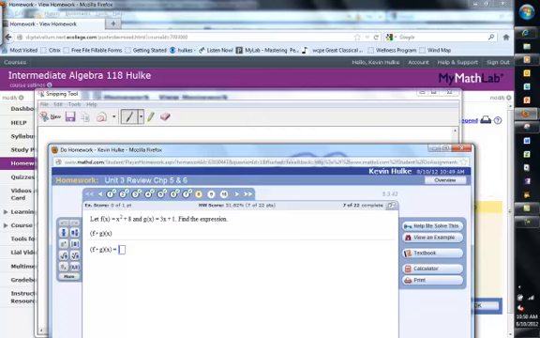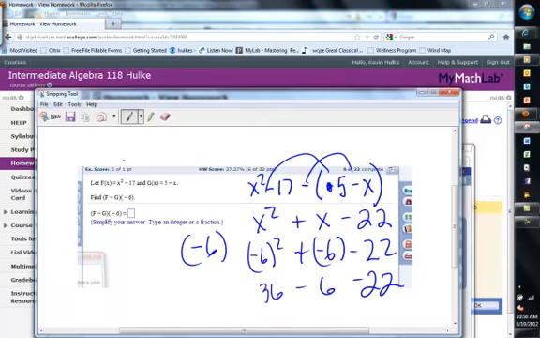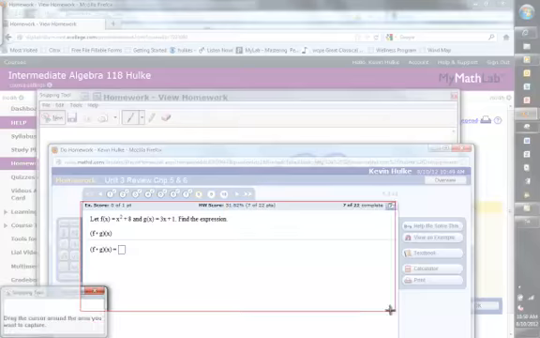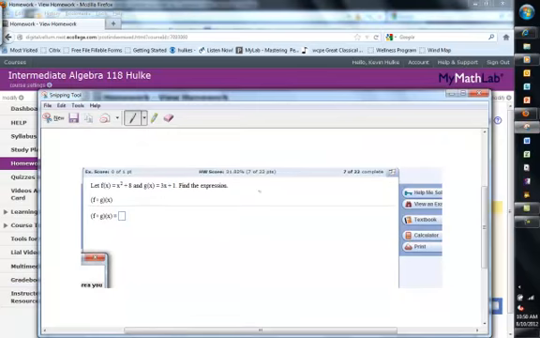Number 8. Now we've got another composite function, and we're going to use g first. So 3x plus 1, that's going to be what we're going to substitute in for f.